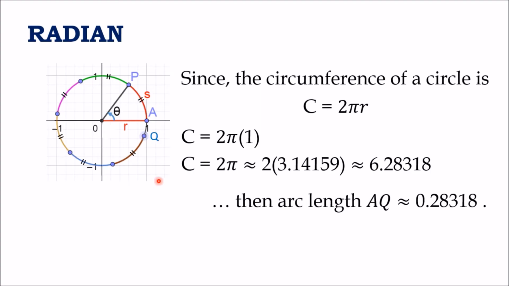Since the circumference of the circle is computed through the formula C is equal to 2 pi r, then the circumference of the unit circle is 2 pi. With this, we can find the measure of the arc AQ. Since 2 pi is approximately equal to the product of 2 and the approximated value of pi, which is 3.14159, then 2 pi is approximately equal to 6.28318.